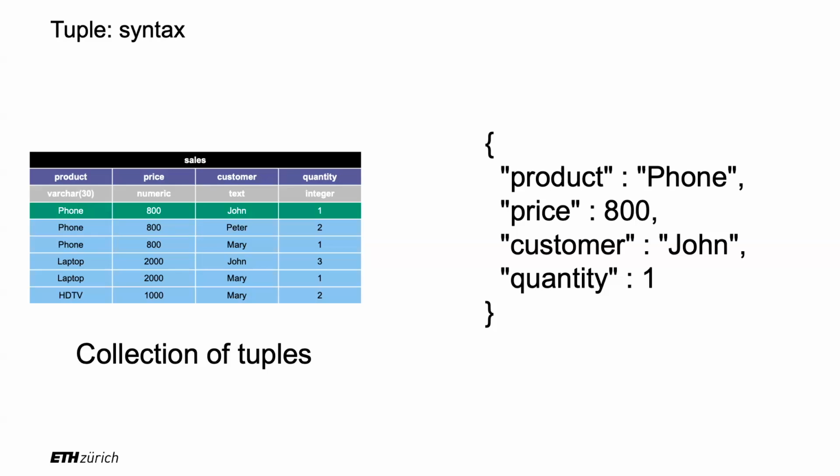So JSON gives me a textual representation of that row. CSV is also that. In CSV, I would have phone, comma, 800, comma, John, comma, 1, and the attributes, product, price, customer, quantity, would be on the first header row. Now I have this alternate textual representation called JSON.